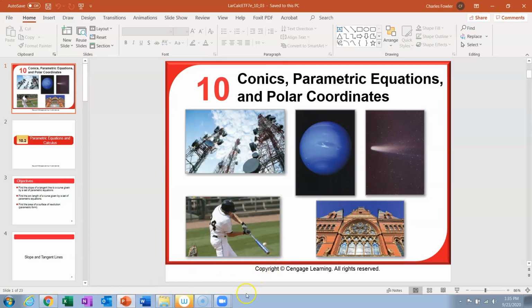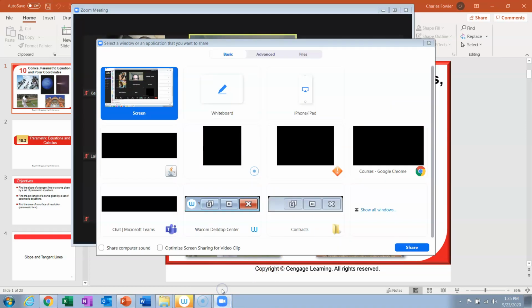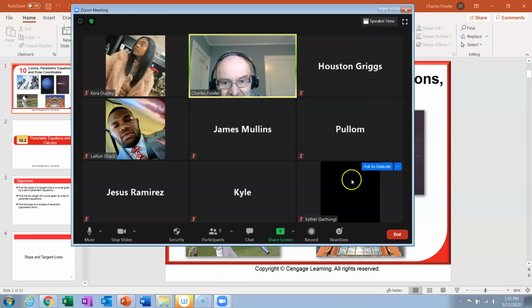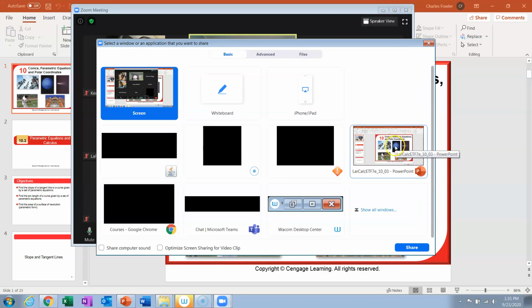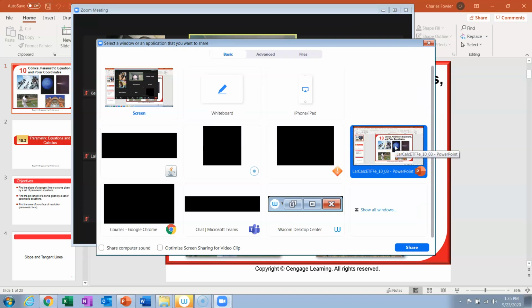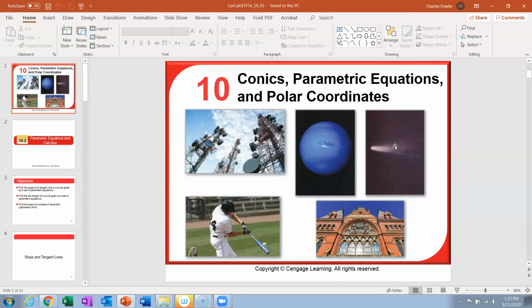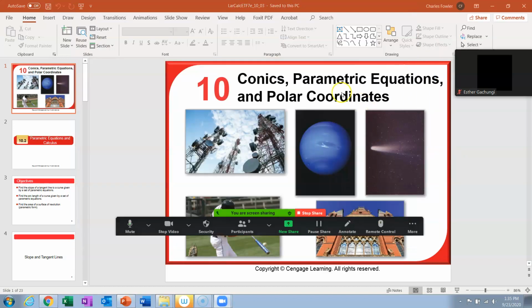Now let's go back to Zoom and see if it'll pull it up now. It won't here, but let me now do, there it is. Okay, it's so weird how with Zoom you have to do things in the right order or it won't work. Okay, so here we are.